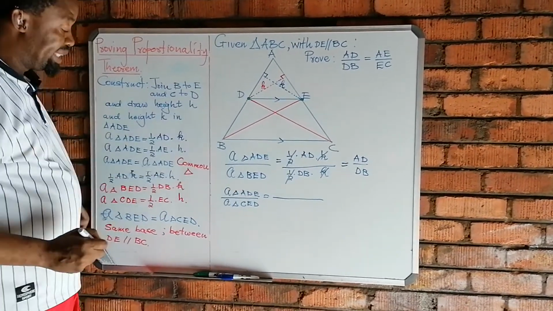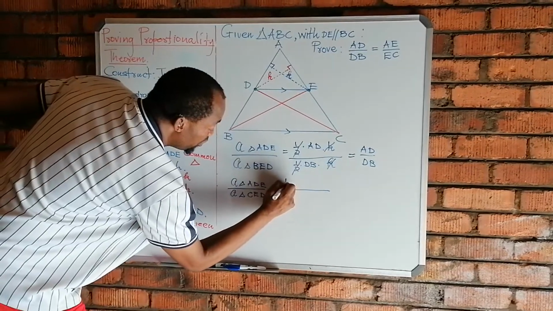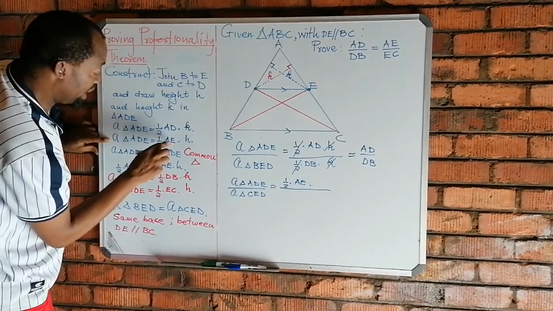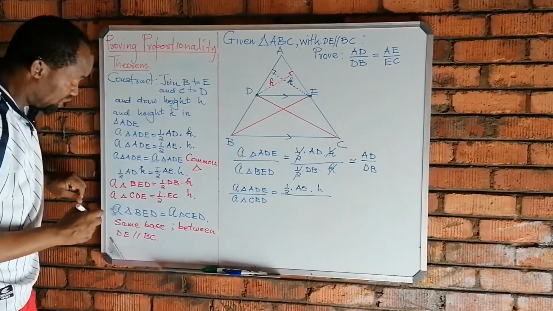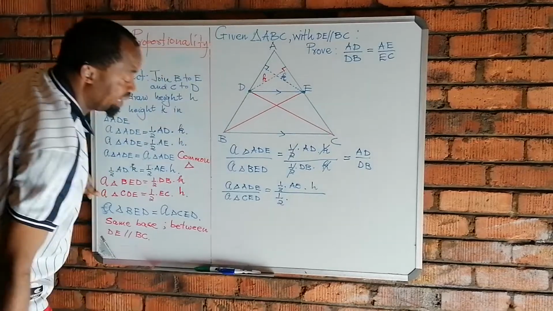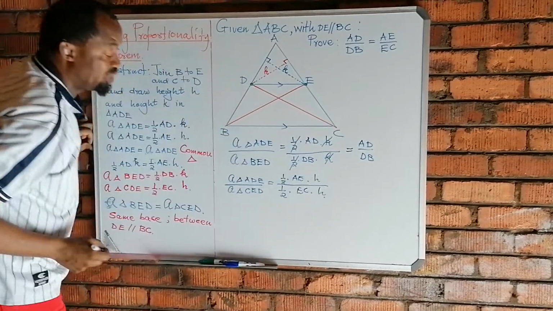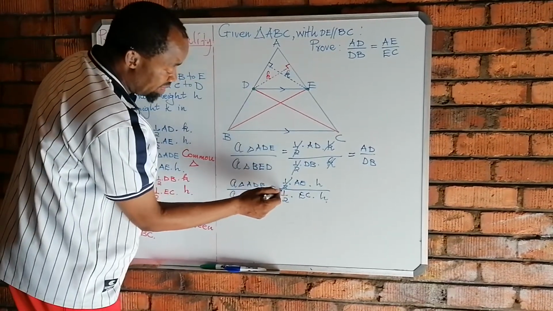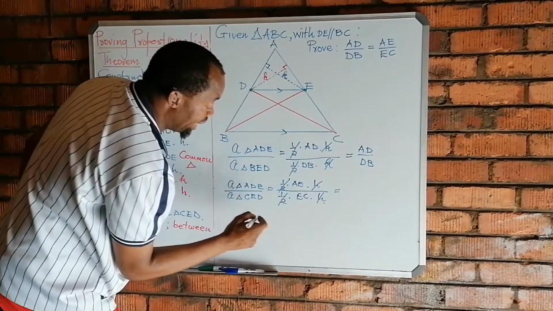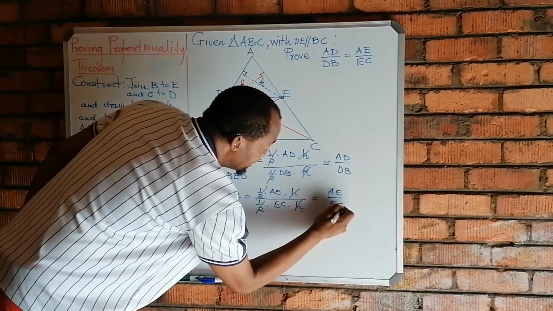Area of triangle ADE, we are now going to use this one, is half multiplied by the base AE, and when the base is AE, the height is H. Area of triangle CED is half base EC multiplied by H. This cancels that, this cancels that, and the quotient of the two areas is AE divided by EC.